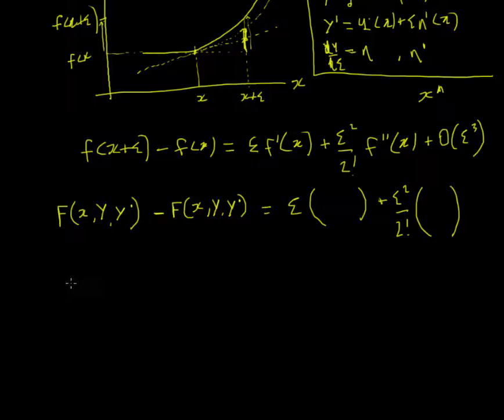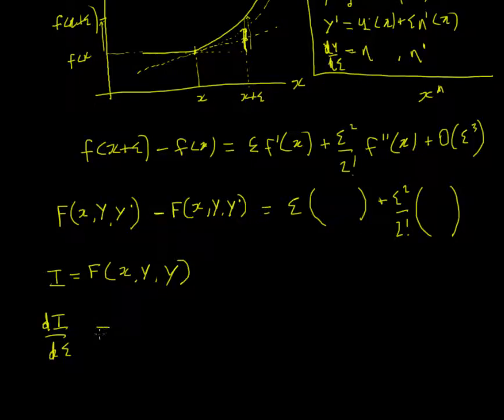Okay, so now we're going to look at some functional I as a function of x, y, y derivative, and we're going to look at dI by d epsilon. Okay, so that's how we find this first section in here.